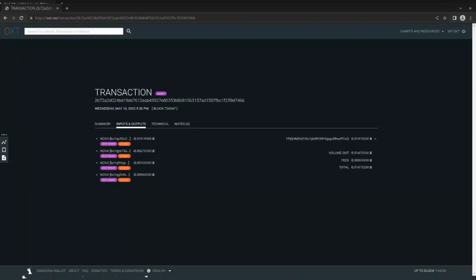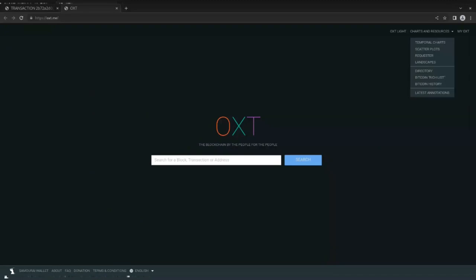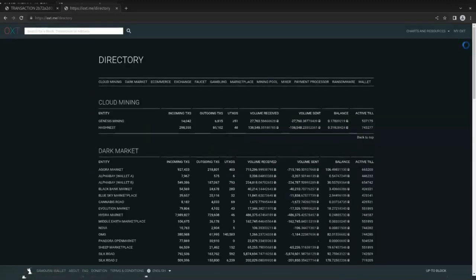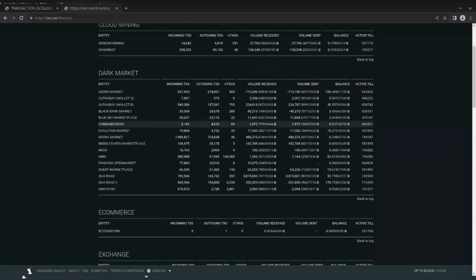You can pull up OXT if you're signed in. You can search through some of the public directory entities that we have, which I guess I probably should just show. And you can see we've got a list of some of the darknet markets here.